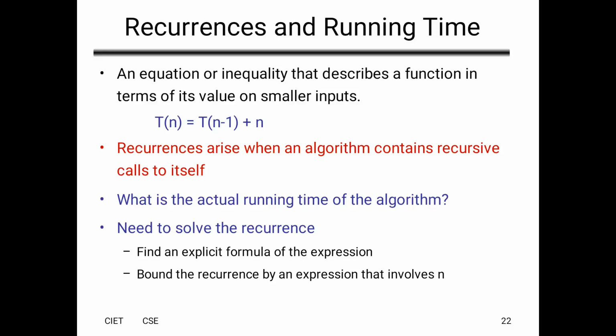The t of n, the running time of an algorithm, is calculated by t of n. So t of n is equal to t of n minus 1 plus n.